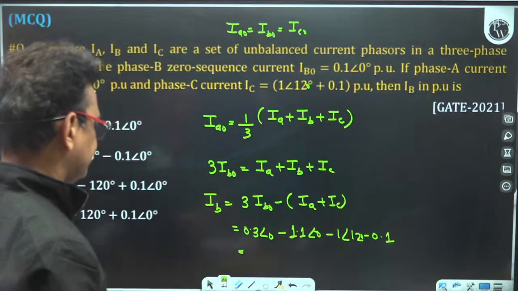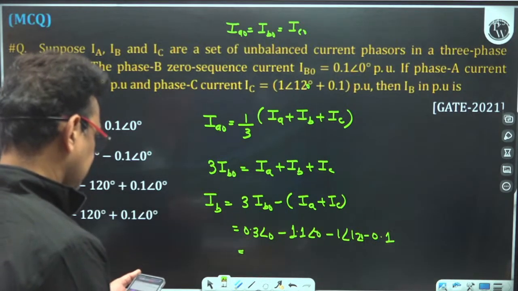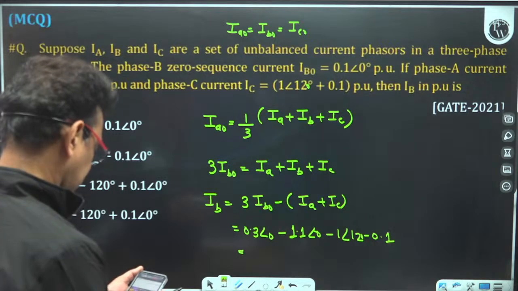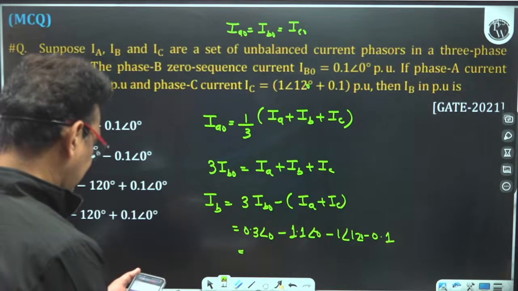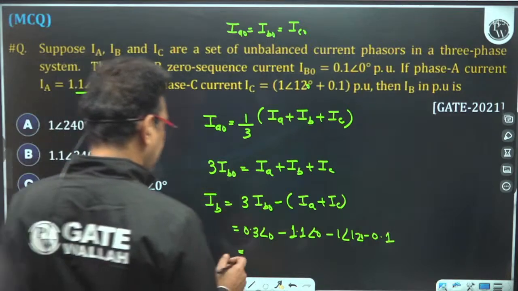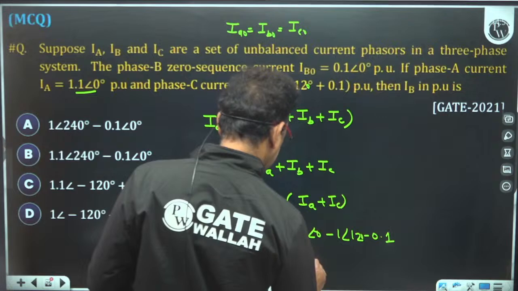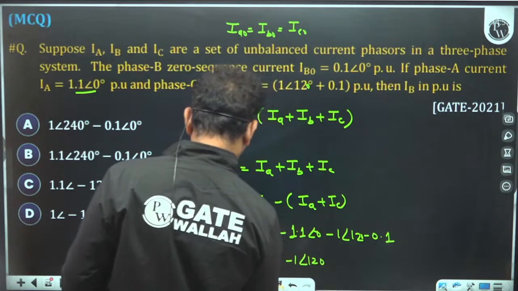Now 0.3 minus 1.1 minus 0.1 gives minus 0.9, and minus 1 angle 120 degree. This is the value of IB.